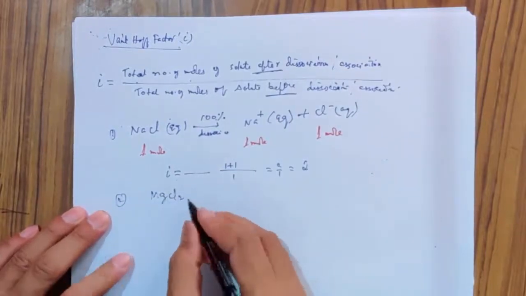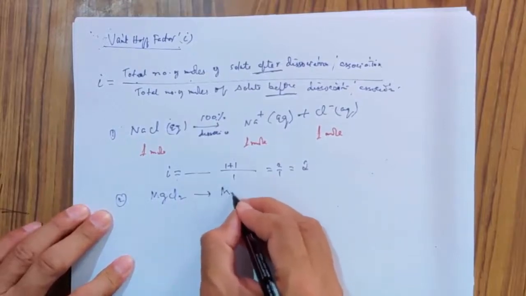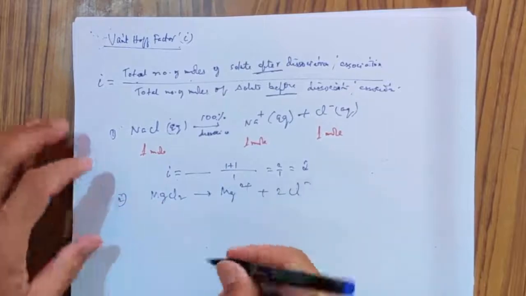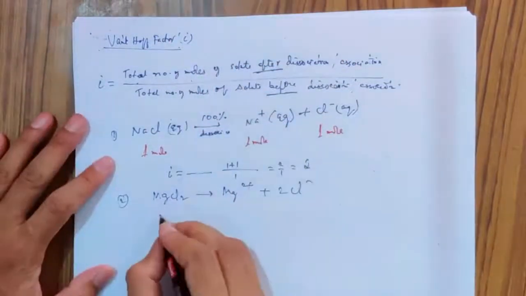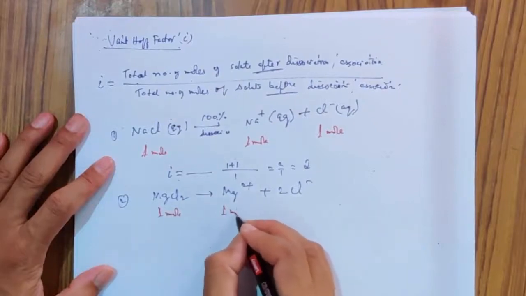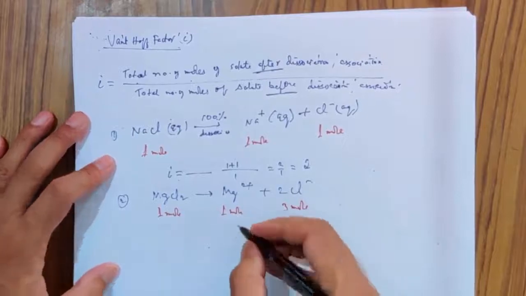MgCl2, magnesium chloride. In aqueous solution, Mg2+ and 2Cl-. 1 mole of Mg2+, and over here there are 2 moles of chloride.